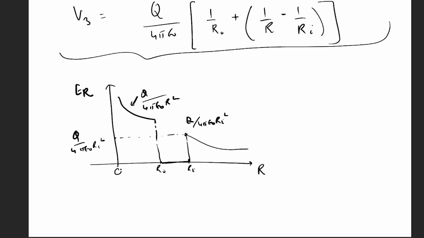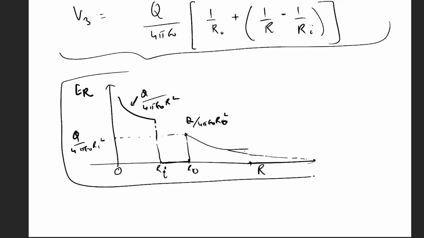So this is 0, this is Ri, sorry, and this is R naught. In the region inside Ri, it will fall with the square, then from Ri to R naught it will be 0, and then it will rise again to Q by 4 pi epsilon naught R naught squared, and gradually fall to 0 at infinity, as Q by 4 pi epsilon naught R square. So in this way we can plot the field. So you see that the field is not continuous. There is a jump discontinuity at these 2 points.